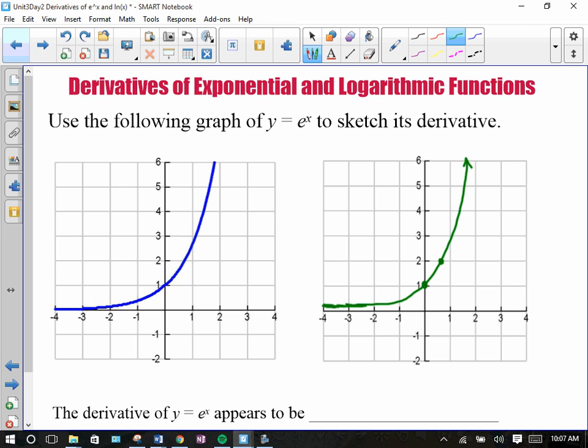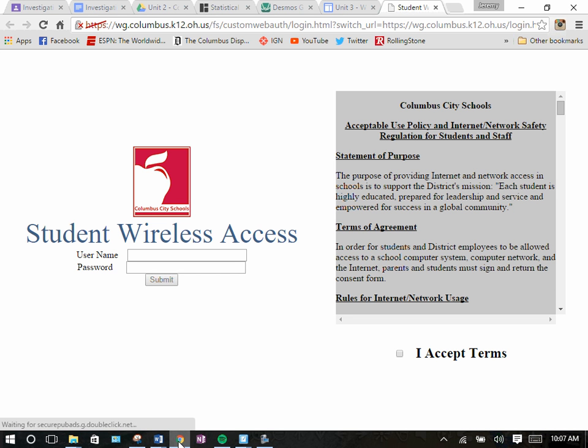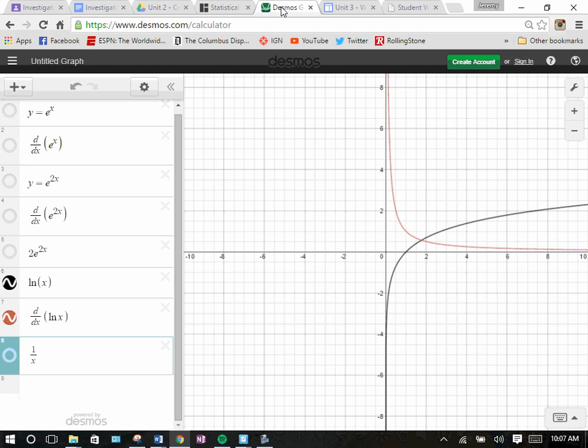Essentially it looks like the same graph, doesn't it? I will prove it to you, because there are calculators out there that can graph this. So we go over here and look at Desmos. There's the graph of e to the x.